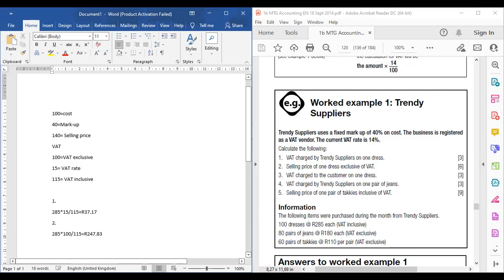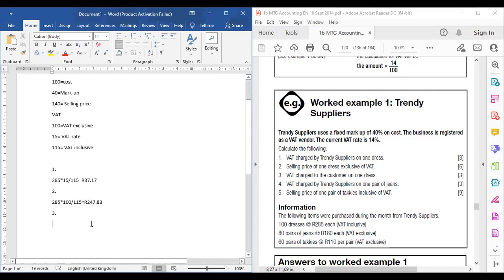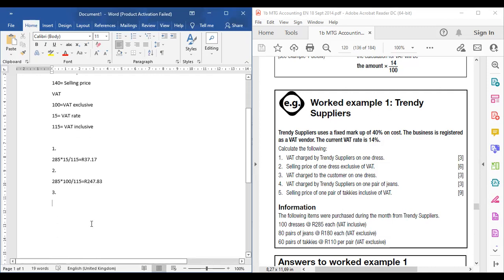So this will be the selling price exclusive of VAT. Then we move on to number 3. Number 3, they're asking us VAT charged to the customer on one dress.